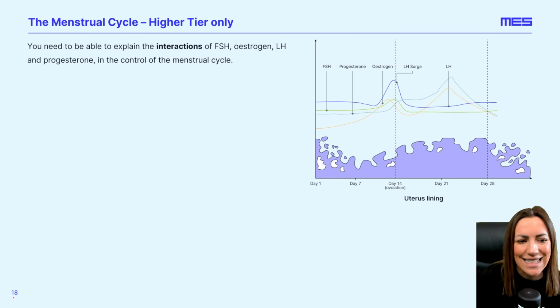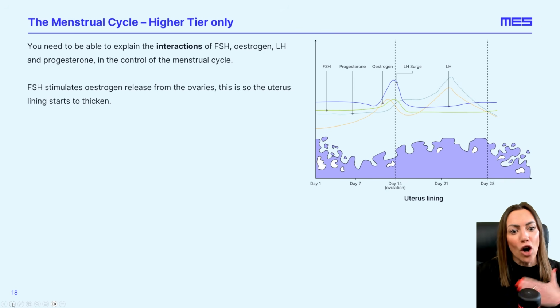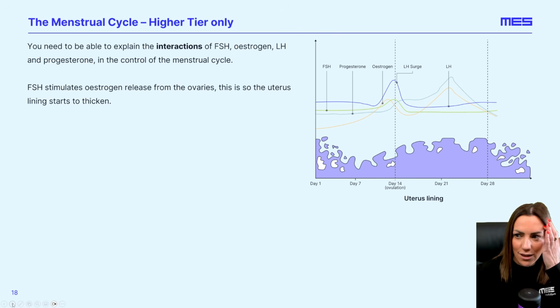Now, if you're higher tier, it's a little bit more complicated for you because they do expect you to know how these hormones interact. So let's just go through that again. It's kind of like the knock-on effects of one hormone to the next hormone.